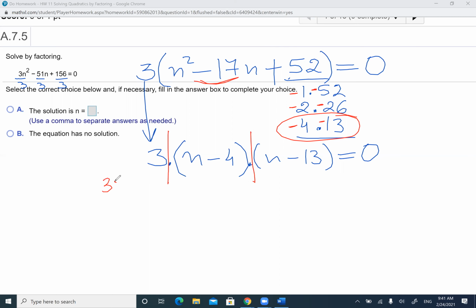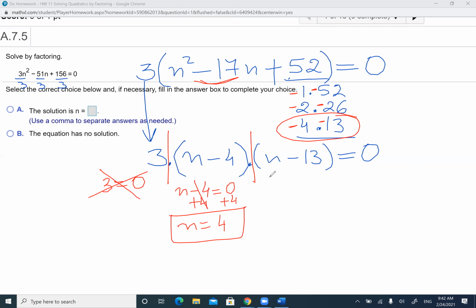Now 3 equals 0 is not going to give me a solution because 3 is not 0. There is no n to give me an answer, so we're not worrying if there's a number only in front. But if I have 3n, then it's going to give me an answer. Now when I solve n minus 4 equals 0, I'm going to add 4 on both sides, and I'm going to get my answer, n equals 4. That's my first solution.